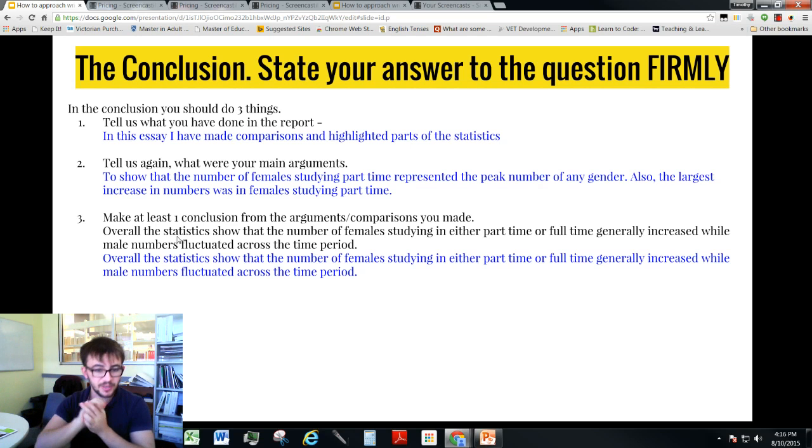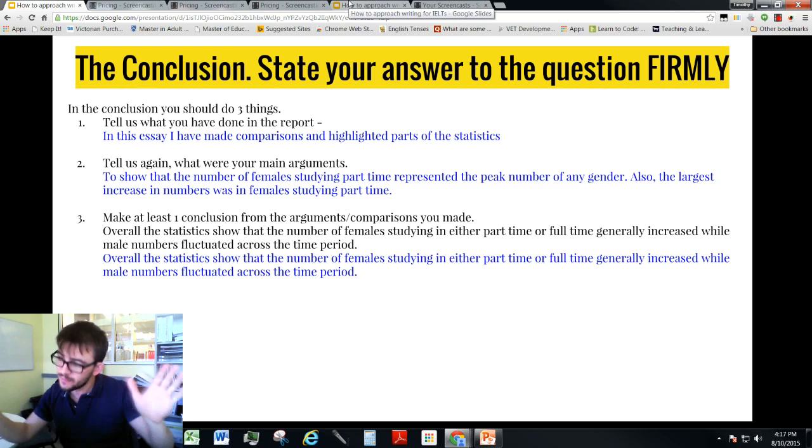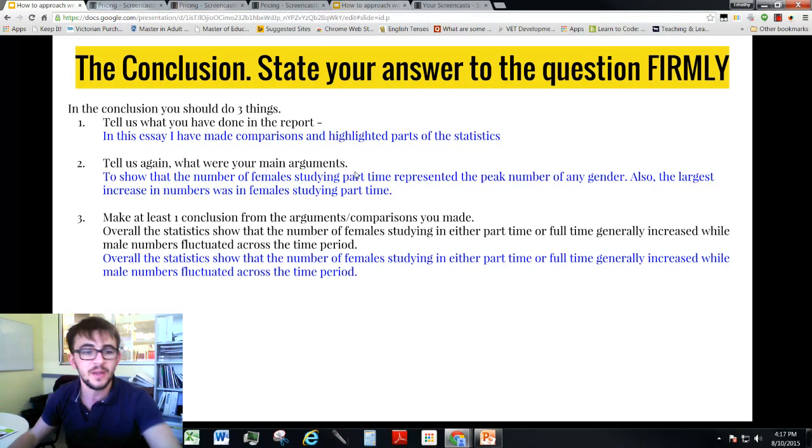So I have written, overall, the statistics show that the number of females studying in either part-time or full-time generally increased. It shows you that in the graph. So you're not saying anything from personal bias. You're saying the statistics show that. I'm not saying it. The statistics do, which is absolutely fine. While male numbers fluctuated across the time period.